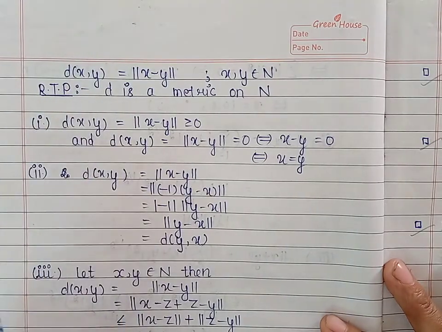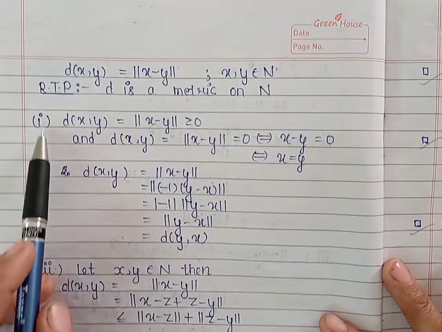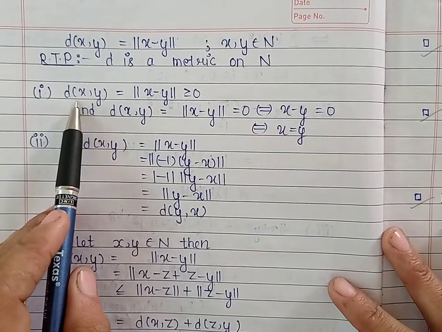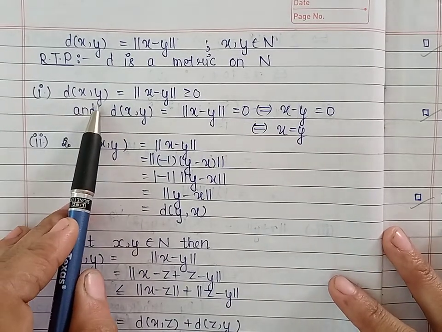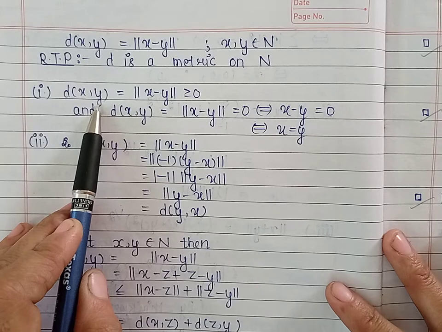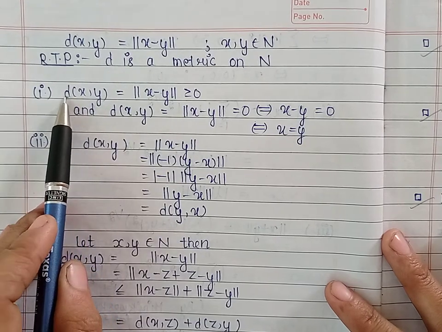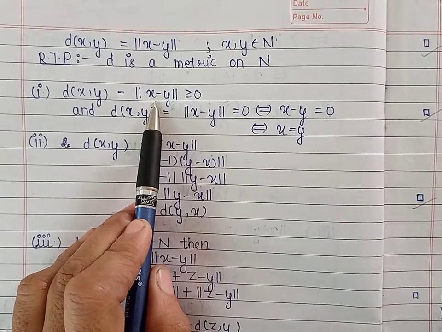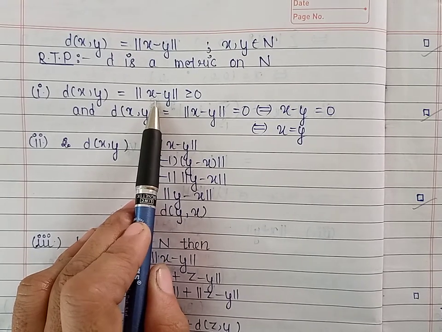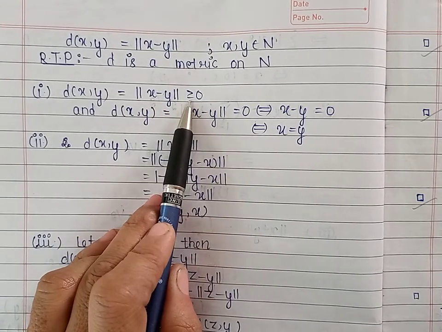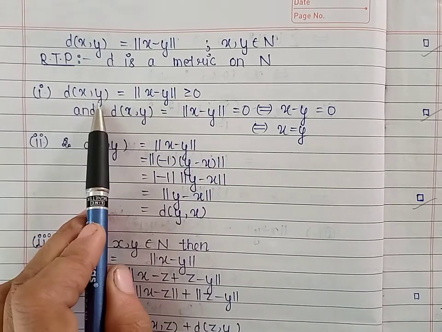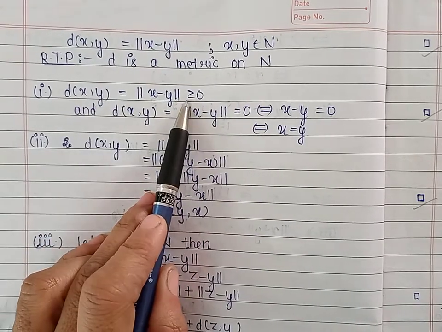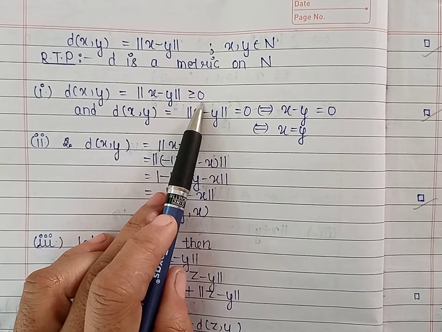So let us verify the properties of a metric. The first property is that the distance between x and y should be non-negative. Because the distance between x and y is the norm of x minus y, and by the properties we know that norm is non-negative, we can say the distance between x and y is greater than or equal to 0.